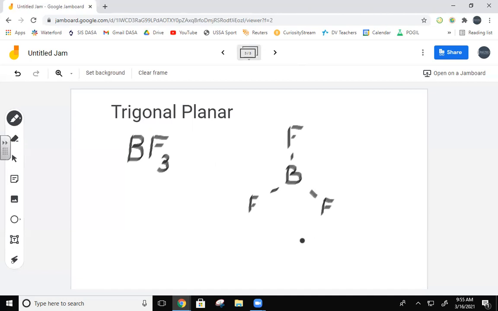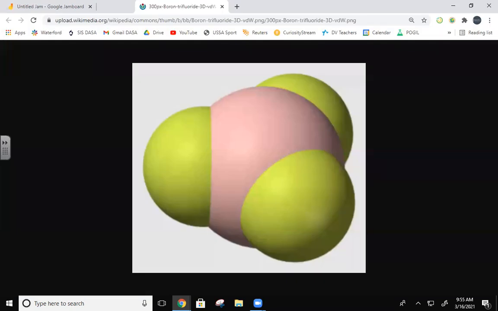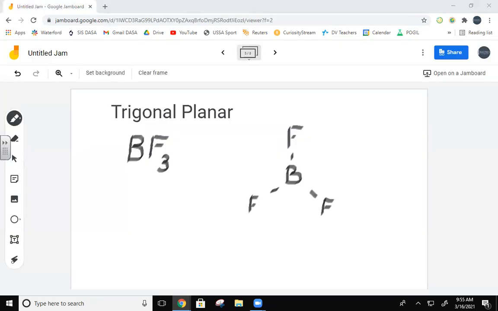Boron trifluoride. If you want to look at a much better representation of what that would look like, it's like this. Looks like a Kirby. It looks like Kirby had a limb amputated. Poor Kirby. Kirby hiding in the ball pit.